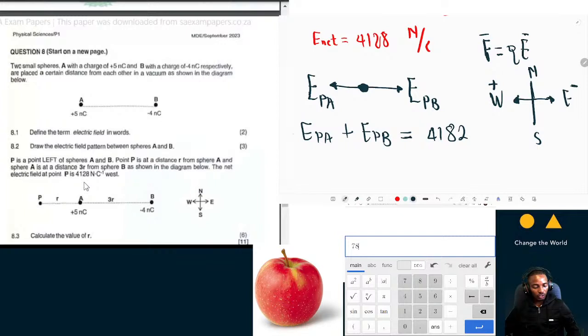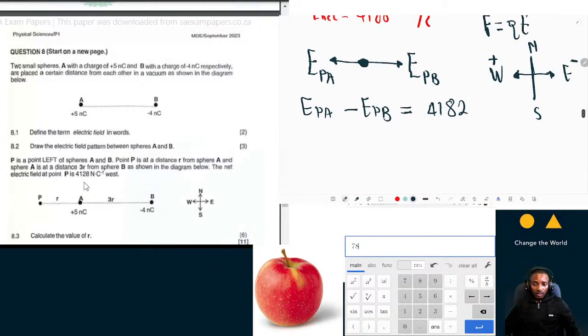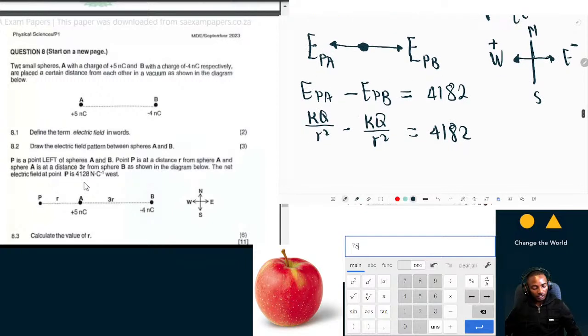Then EPA should also be positive, because it is pointing in the west direction. Therefore EPB should be negative, because it is pointing in the east direction. Then what is EPA? It's going to be KQ over R squared, then minus KQ over R squared. This will be equal to 4182, but this will be charge A, and this will be charge B.